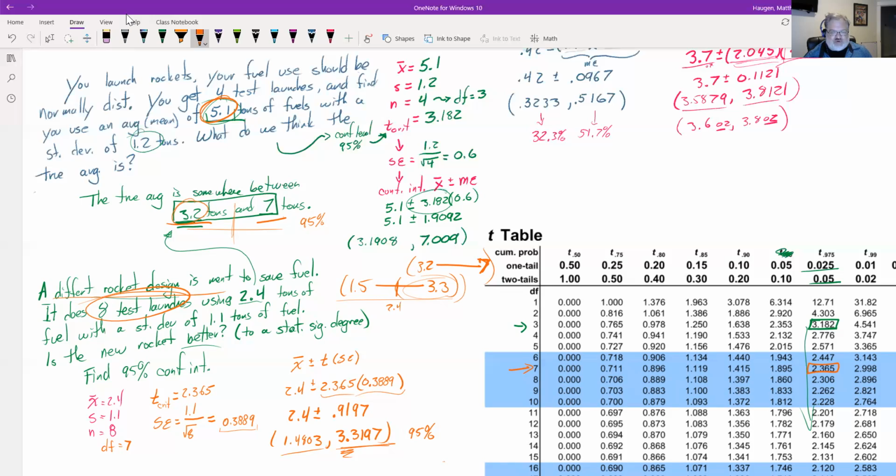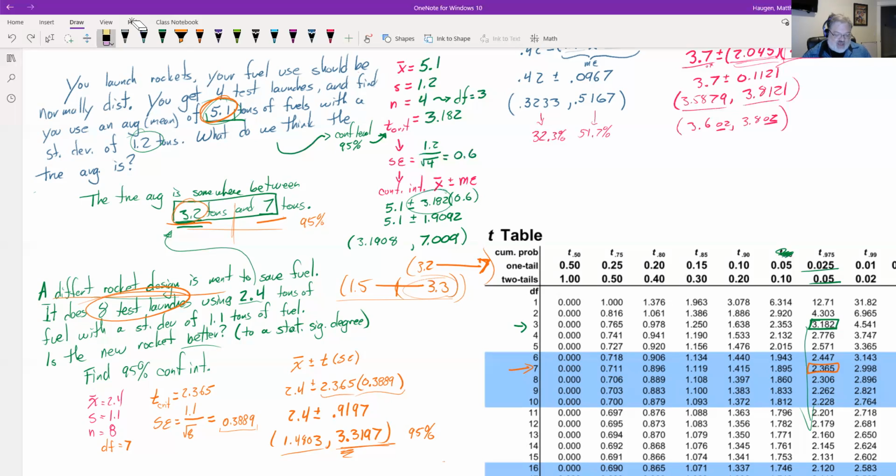Is that 2.4 right? No, it's our estimate. Fair? It could shrink closer and closer to that 3.3, while the other rocket shrinks closer and closer to the 3.2, and the first rocket could be better. Fair?